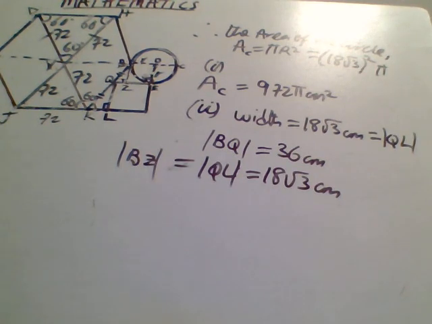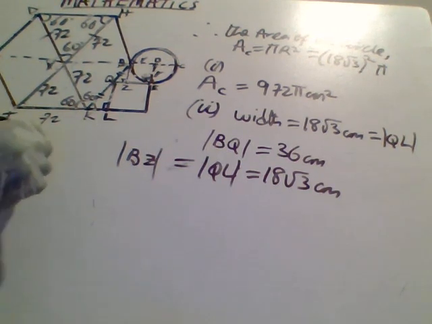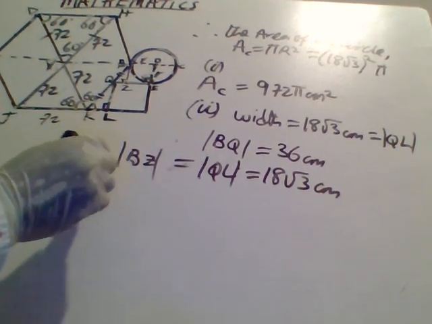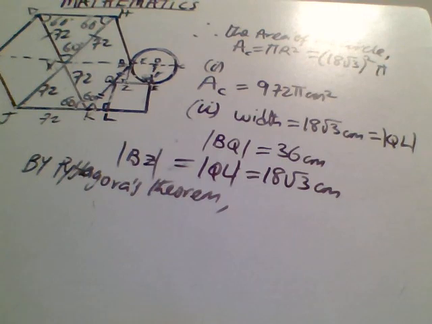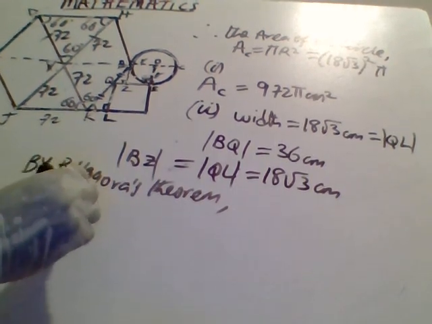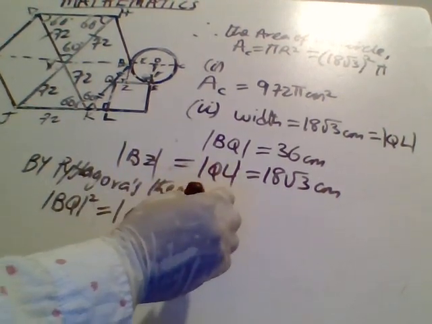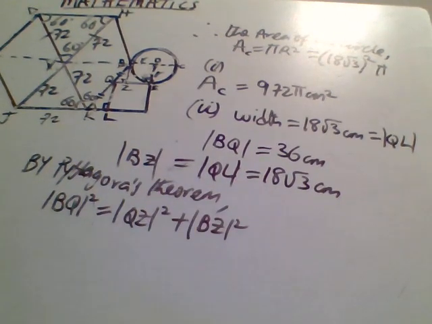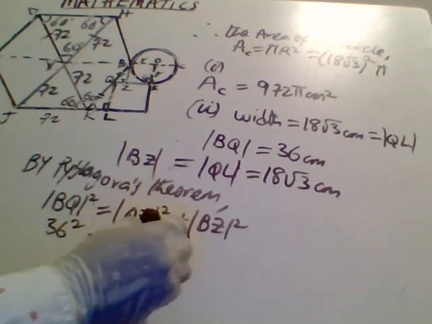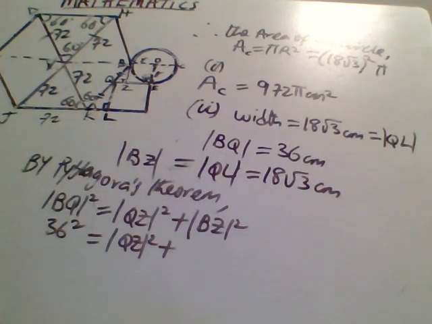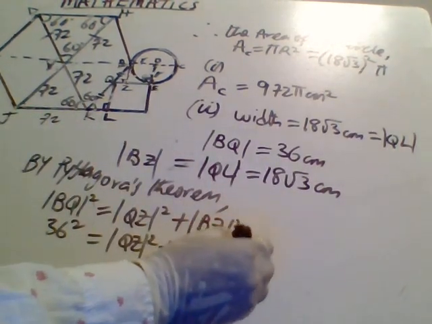So the next is to find the value of QZ by Pythagoras. Using Pythagoras theorem, we can find QZ. BQ squared is equal to QZ squared plus BZ squared. So we know this to be 36, equal to QZ squared plus, we know this to be equal to what? QL, which is 18√3 squared.